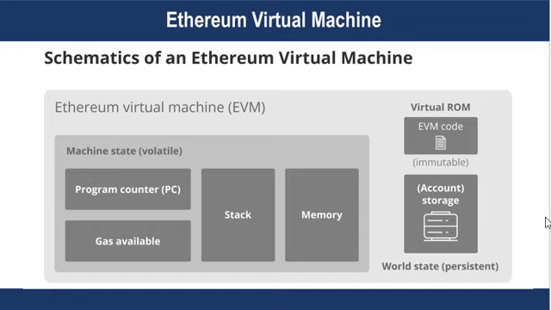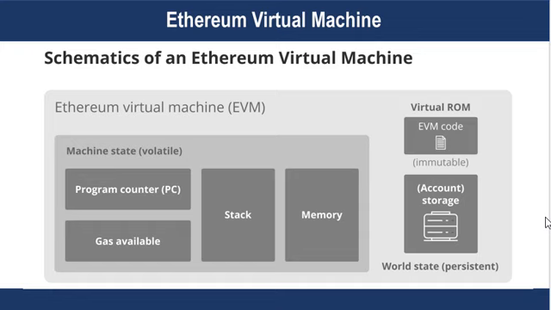Similarly in Ethereum, the smart contract and decentralized application, that is dApp, developers code their smart contracts in an Ethereum high level language, for example Solidity. Then they compile them into bytecode and upload them on the blockchain for invocation and execution.